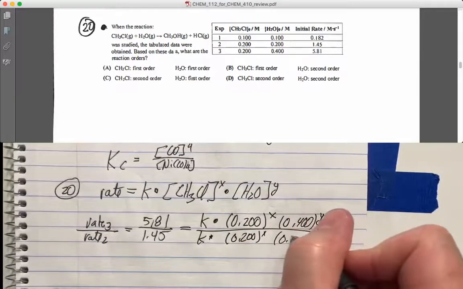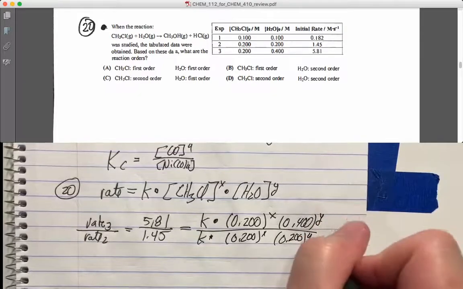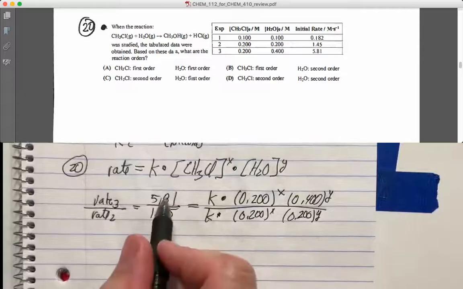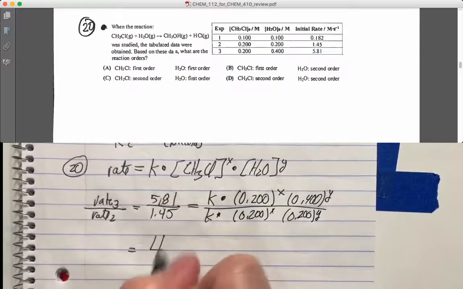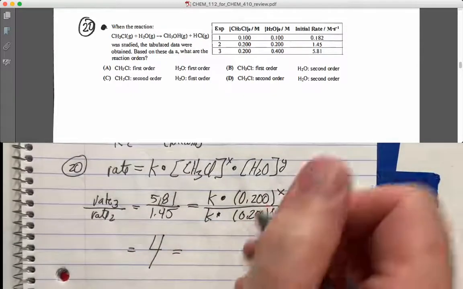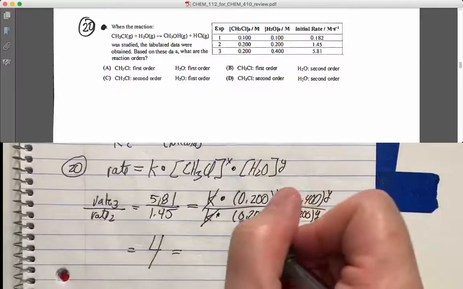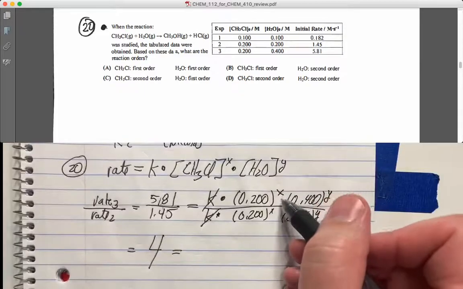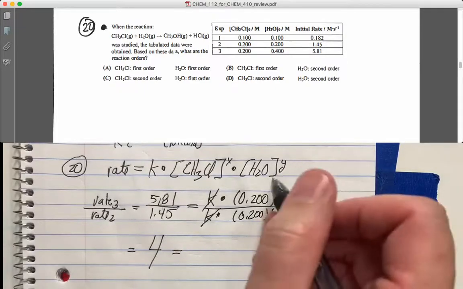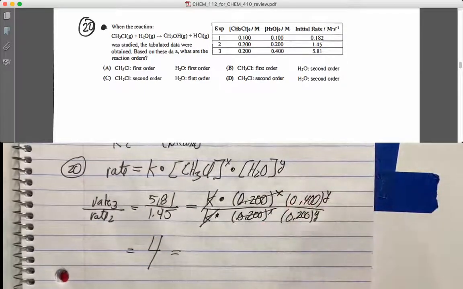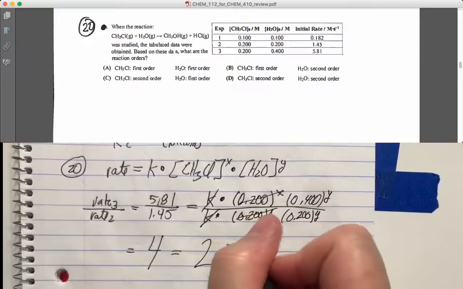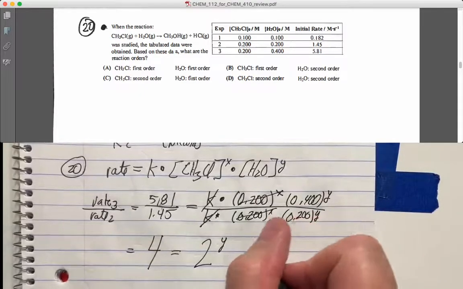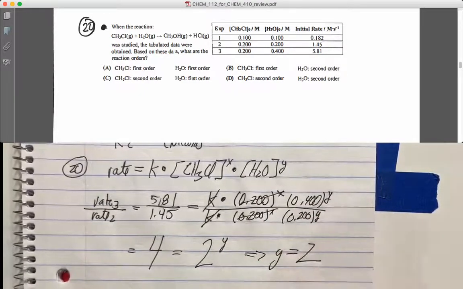Do a little bit more work here. This ends up being very close to 4. Go ahead and round it to 4. The k's fall out. The first term falls out completely because regardless of what the value of x is, it's the same on the top and bottom. Cancel, cancel. And so I'm left with 2 to the y is equal to 4. Therefore, y is equal to 2.